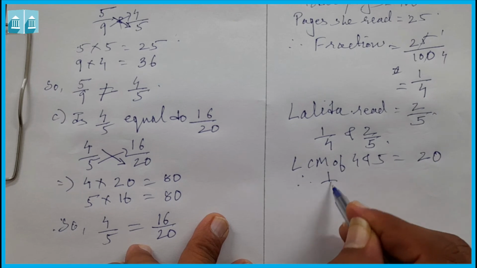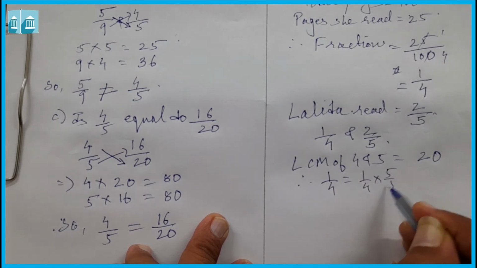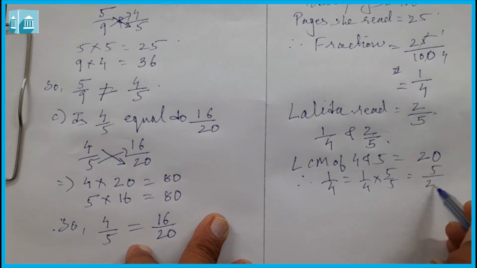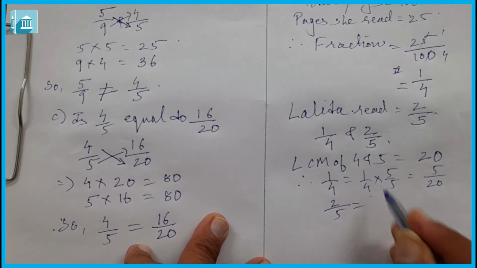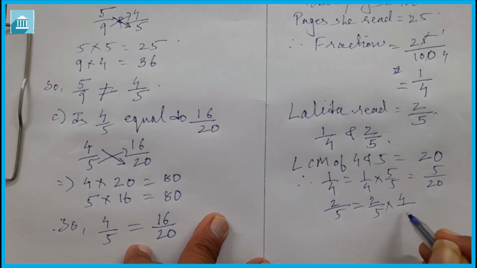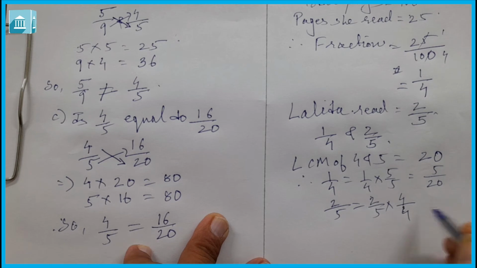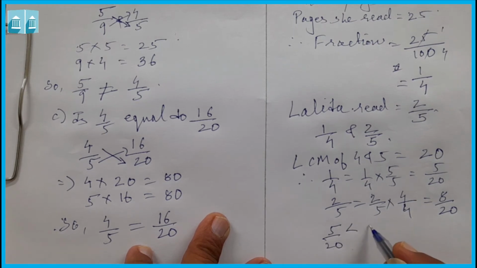Therefore 1 by 4 is equal to 1 by 4 into 5 upon 5, which is equal to 5 by 20. 2 by 5 is equal to 2 by 5 into 4 upon 4, which is equal to 8 by 20. We can say that 5 by 20 is less than 8 by 20.